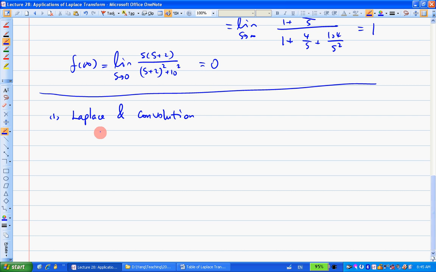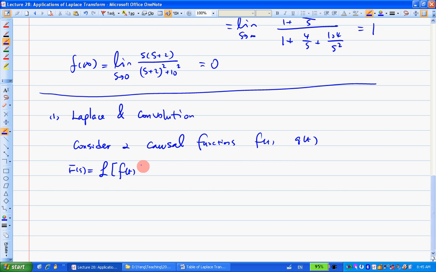So first of all, the relationship between Laplace transform and convolution is this. Consider two causal functions, let's say f of t and g of t. Then there is a corresponding Laplace transform for each one of them.